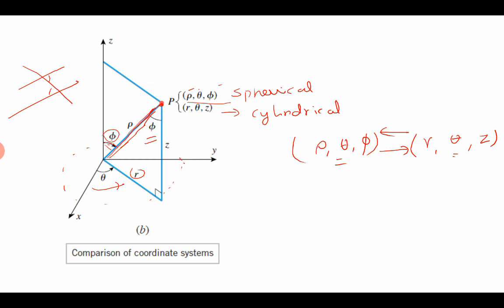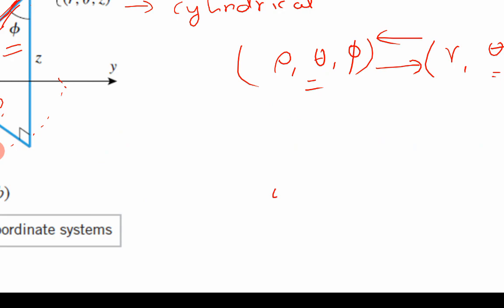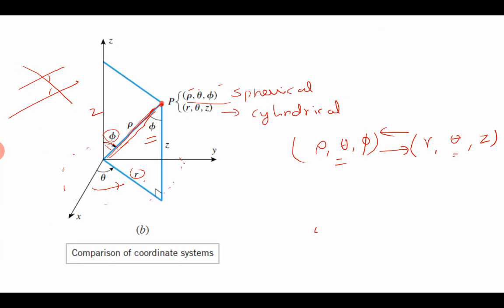When I know that the adjacent side of this angle is z, because z is here as well, we can find cosine phi. Cosine phi is the adjacent side z over rho. This will give you the formula for z. Z is rho cosine phi. One formula we have derived.